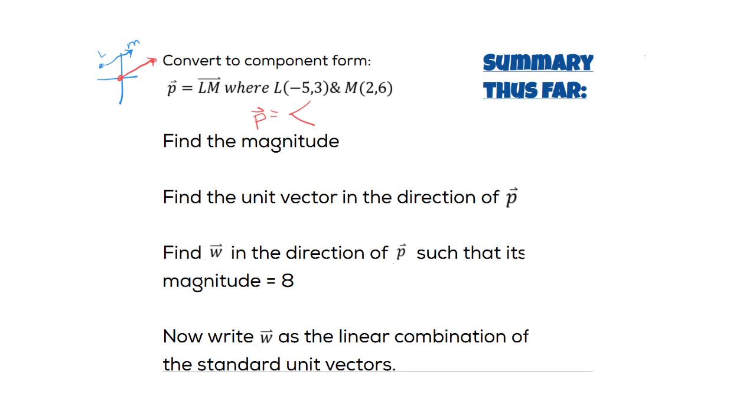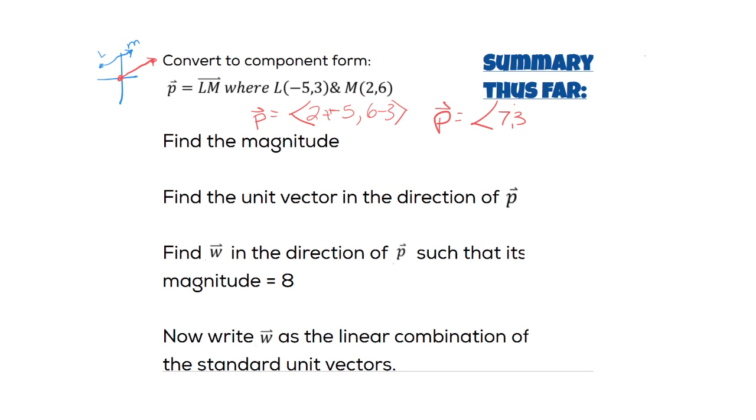So 2 minus -5. And then you do the same thing with the vertical components. It's going to be 6 minus 3. Remember that the order of that subtraction is important because it's going to dictate the direction your vector goes. So that ends up being 7, 3 for the vector in component form.